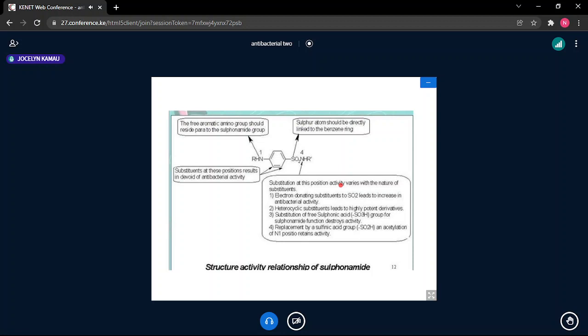Therefore, the electron withdrawing nature of the sulfone and the electron withdrawing nature of the atom found on the heterocyclic ring, which is attached to the nitrogen, when they pull electrons from the nitrogen, they leave the nitrogen electron deficient. Nitrogen has high electronegativity, so it will therefore pull electrons from the hydrogen. The hydrogen will be left naked, easily lost, and therefore allowing for the ionization of sulfonamides at physiological pH.